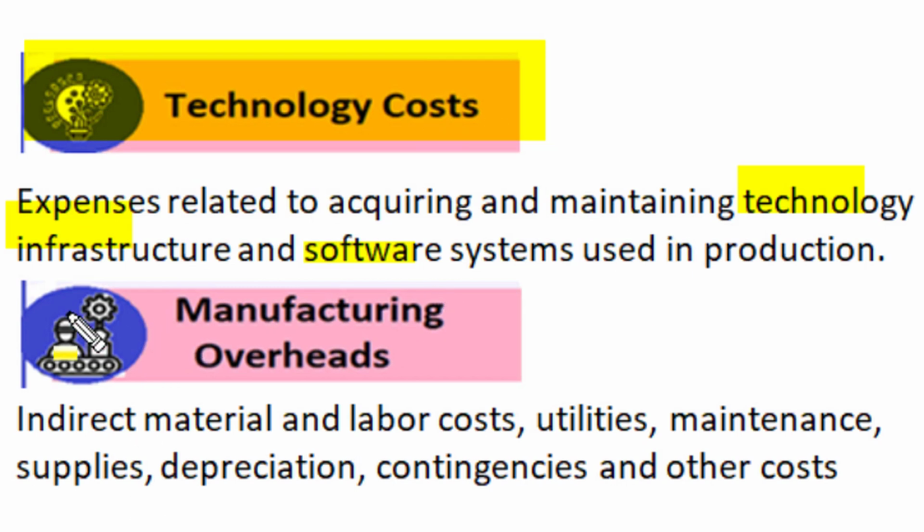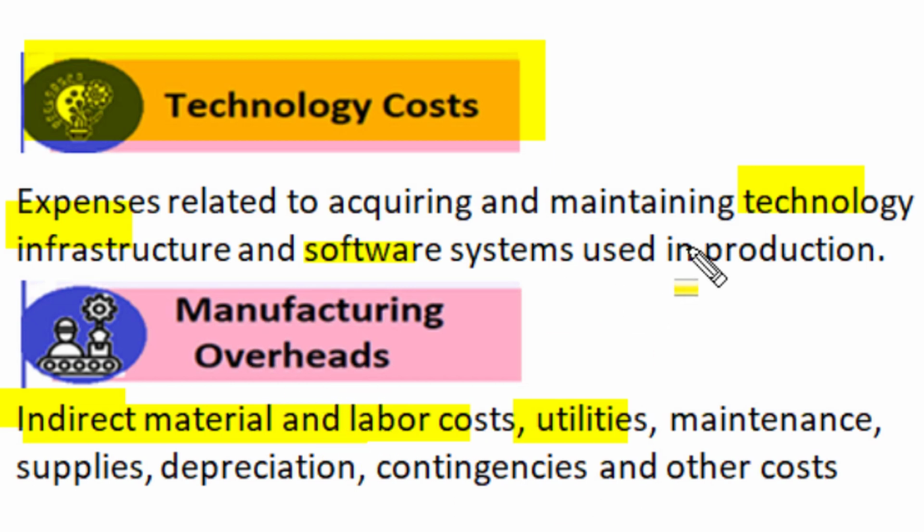Similarly, we have some indirect material and labor cost. Apart from their salary, wages of labor or purchase price of material, we have to make other indirect expenses. So they are treated in terms of manufacturing overheads. A production use several utilities: water, electricity, heating, ventilation, air conditioning, and all those utility charges are treated in manufacturing overhead.